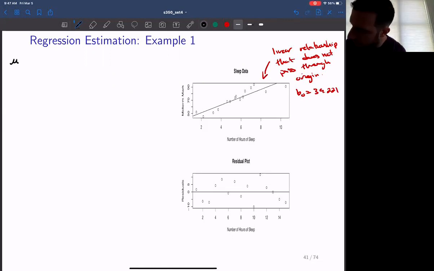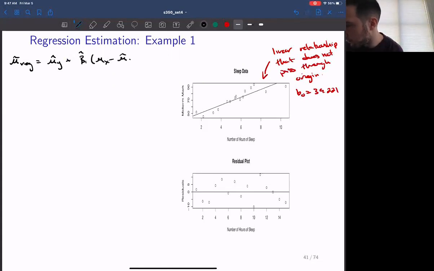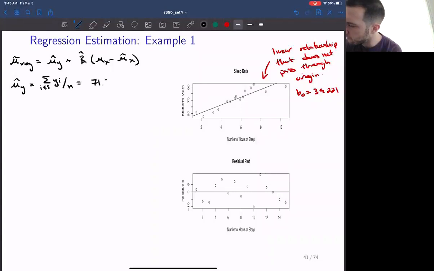So we have mu tilde reg is equal to mu hat y plus beta 1 hat multiplied by mu x minus mu hat x. Okay, so from the table of the raw data, our estimate of mu hat y is going to be the sum of the y_i over n, which is 71.8.